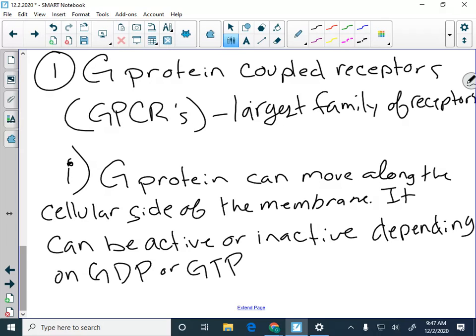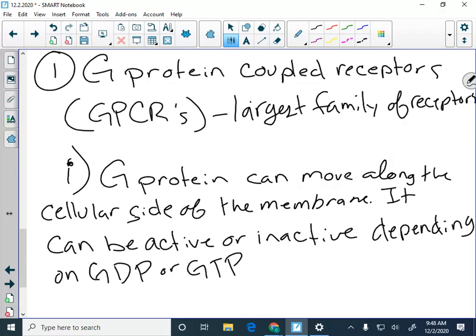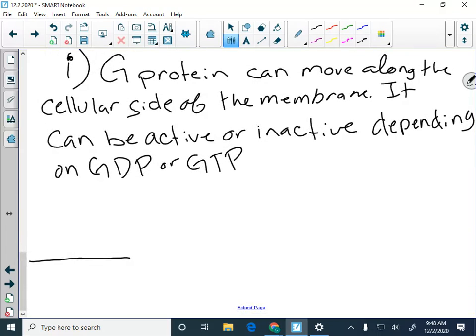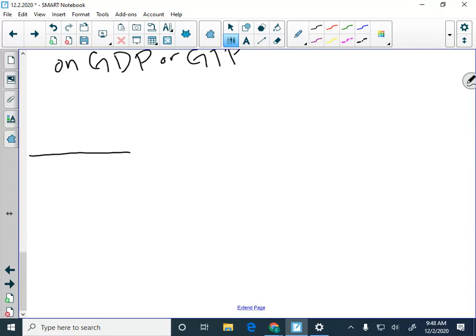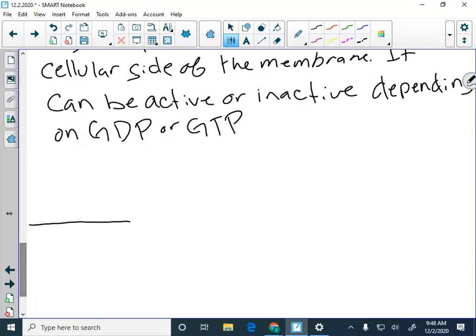So we're going to set the stage. We have our cell membrane. This is outside of the cell. This is inside the cell.